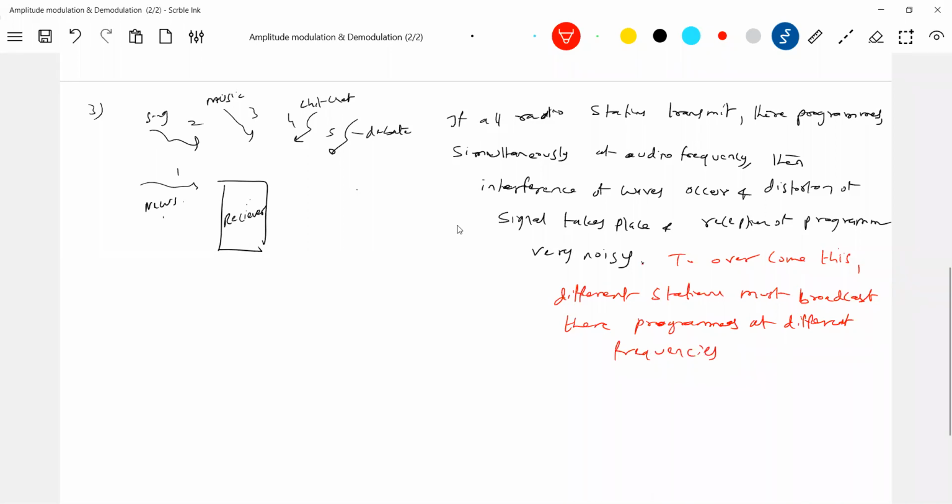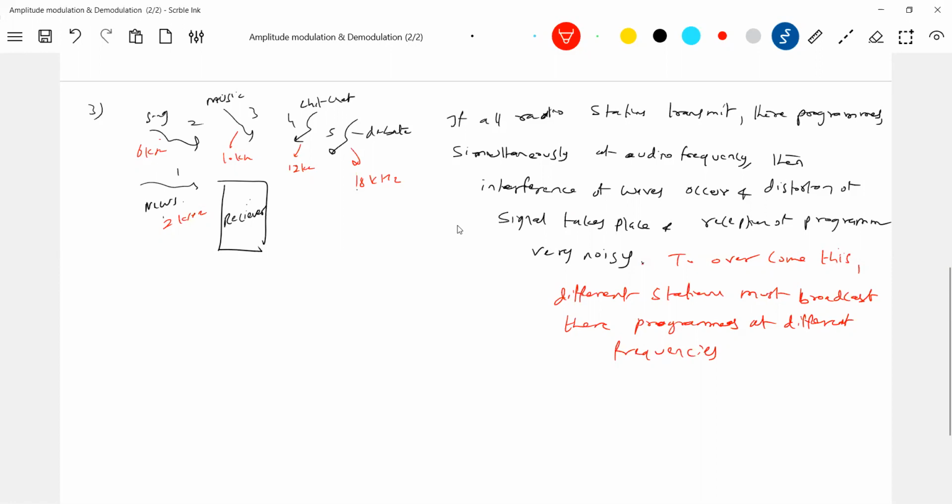Okay, shall we ask this person to talk at 2 kilohertz? We'll ask this person to sing at 6 kilohertz. We'll ask this music, okay, you generate at 10 kilohertz. You do chit chat only at 12 kilohertz. Okay, you do debate at only 18 kilohertz. Can we do like this? Is it possible? So what is the audio range?